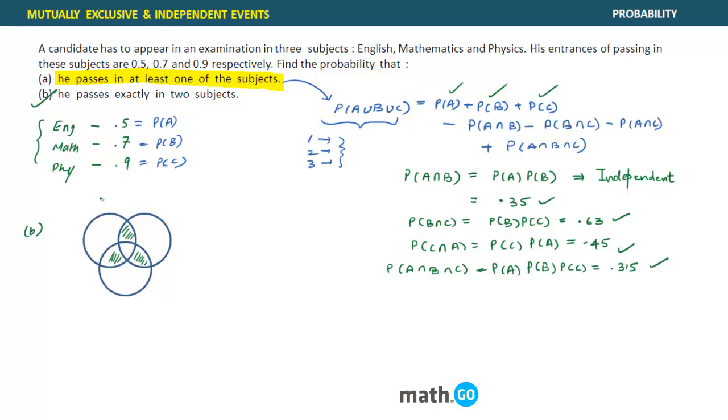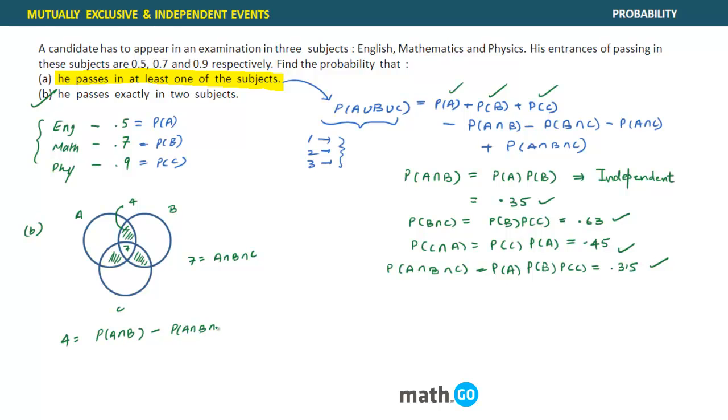And if I say that this is A, this is your B, and this is your C, then this region is A intersection B, but this is the seventh region, right? Region 7 is nothing but A intersection B intersection C, and let me call this the fourth region. So the fourth region is nothing but probability A intersection B minus that, got it?